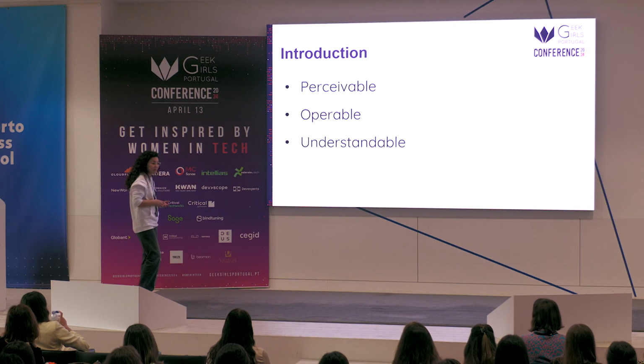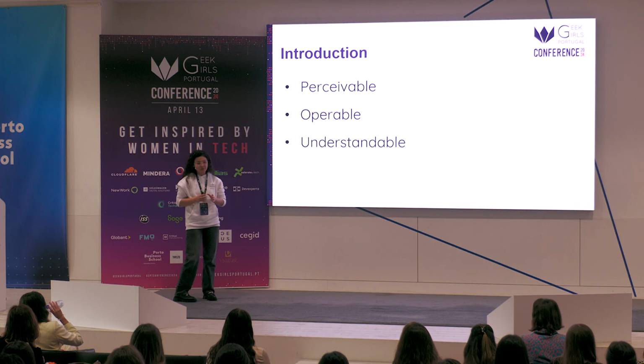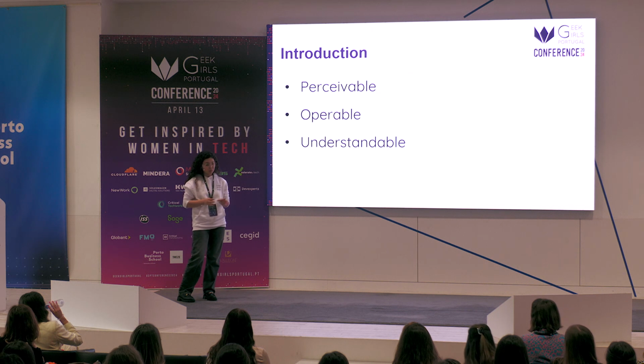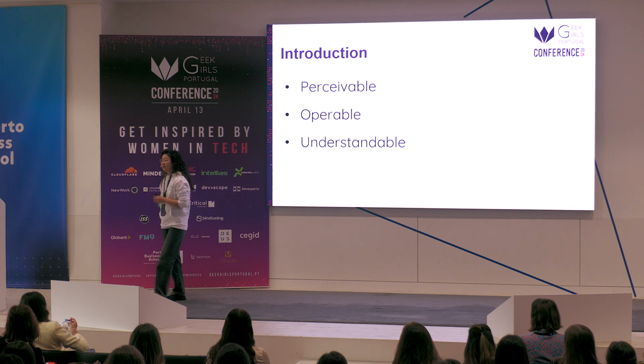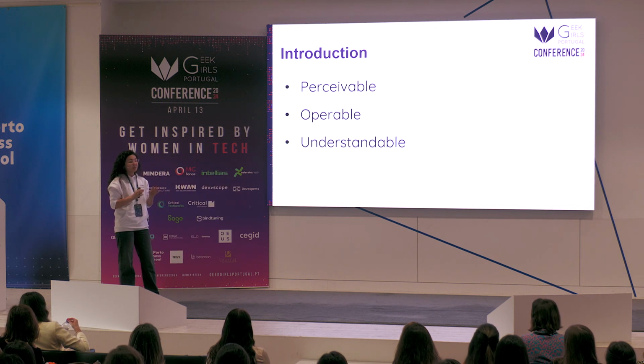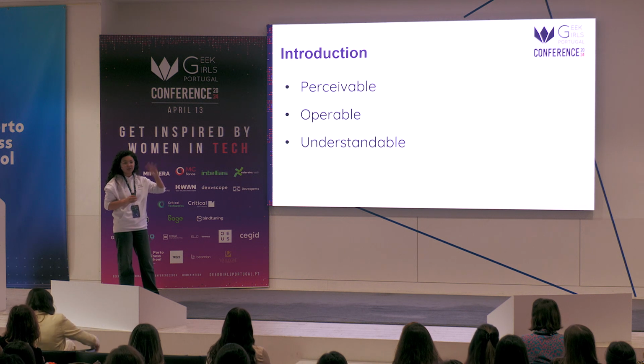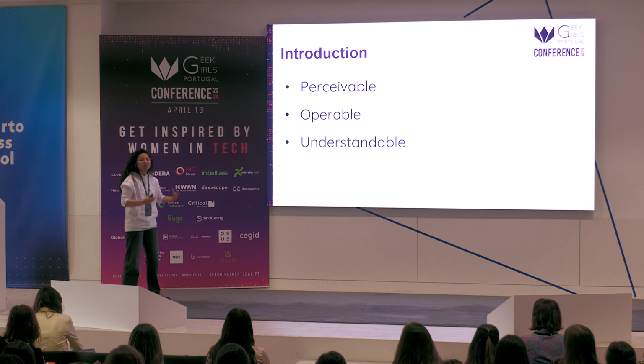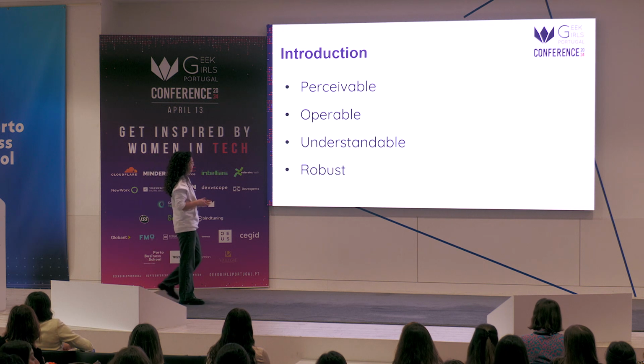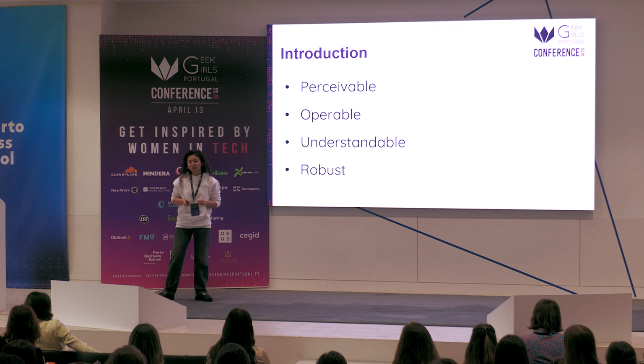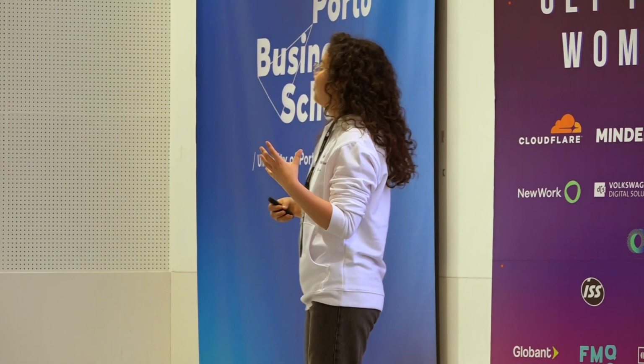It should be understandable, so you have to use clear and concise language and try to create a predictable layout using header, body, and footer, so try to keep it familiar. And at the end, robust. So it should work in all of the common devices and browsers.